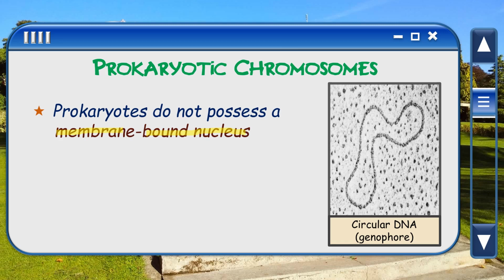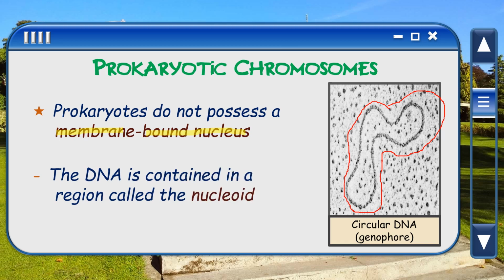For example, if you look at our diagram here, this is a circular DNA, which we call the genophore, and it is for the prokaryotes. When you look at it, it is circular, but it has no membrane-bound nucleus around it. So it is just floating in the cytoplasm. No nucleus at all surrounding it.